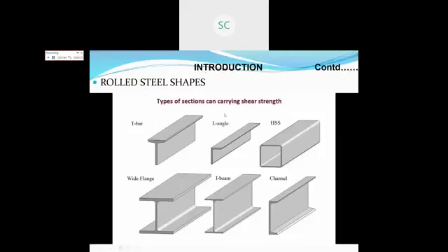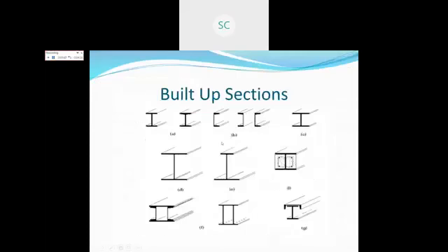Now we will talk about the built-up section. The combination of two or more rolled sections is called a built-up section. Suppose you have to construct a gantry girder: this I section alone is not sufficient.